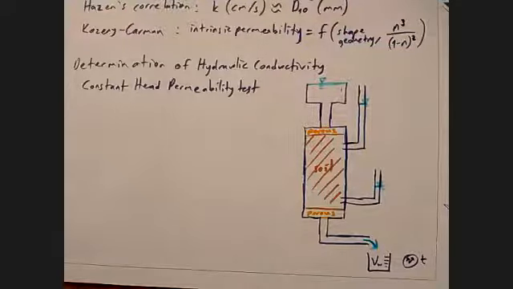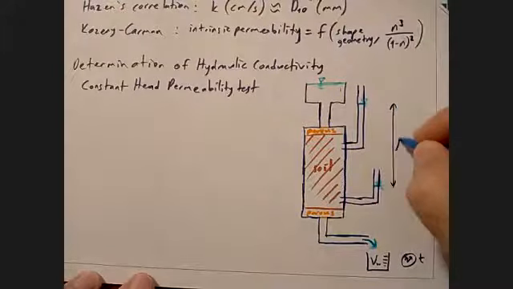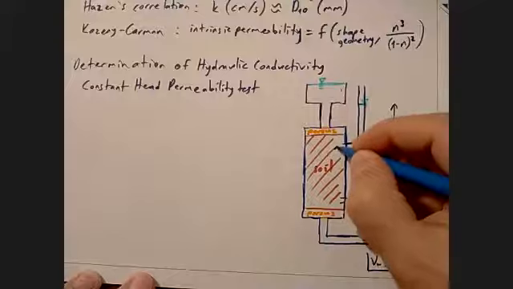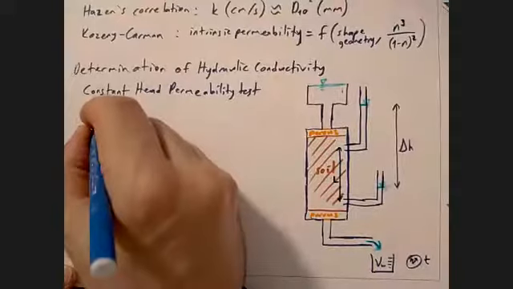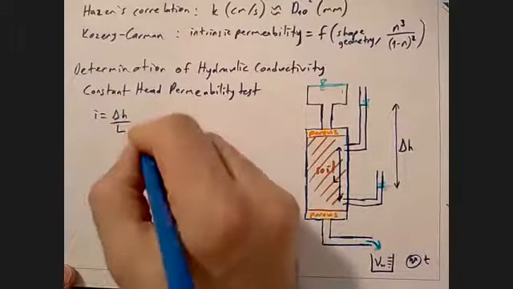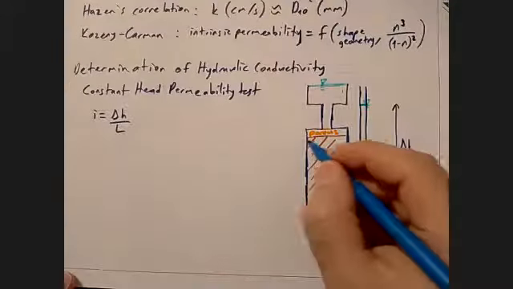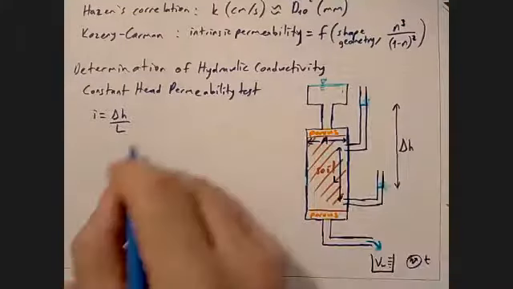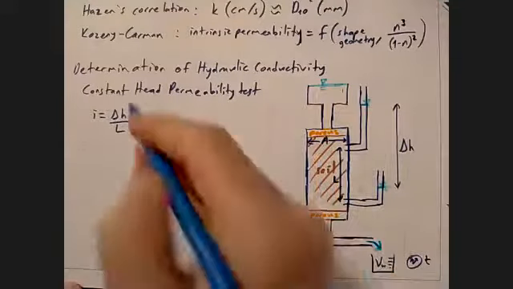So that way, what you end up with is you have a delta H here over this length here. So your i then is delta H over this L. And of course you have a known area. So you can directly write the Darcy's equation.